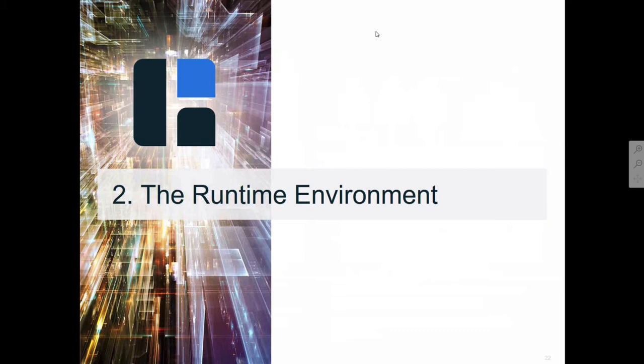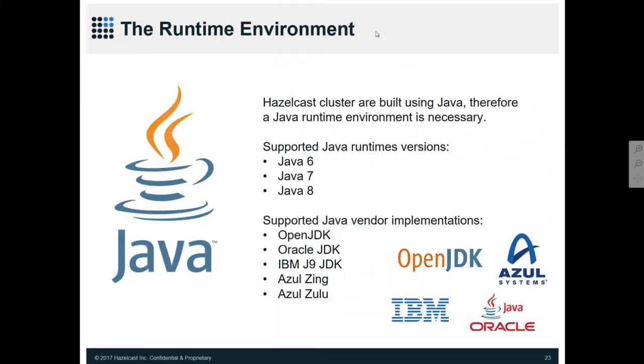So the second thing you really have to think about is the runtime environment. And I think that is a very, very important thing. The easy part is we support Java 6, 7, 8, and we're going to support Java 9 when it comes out. We support OpenJDK, Oracle JDK, IBM J9, Azul Zing, Azul Zulu. So pretty much every one of the bigger Java environments is completely supported, and you don't have to think about anything like that. So that's the easy part.